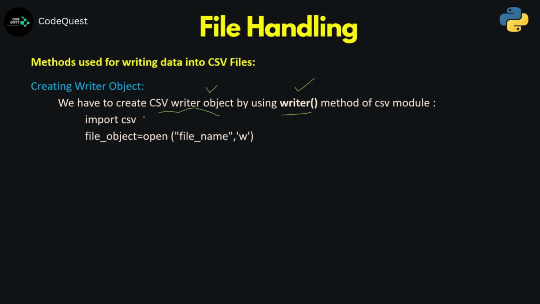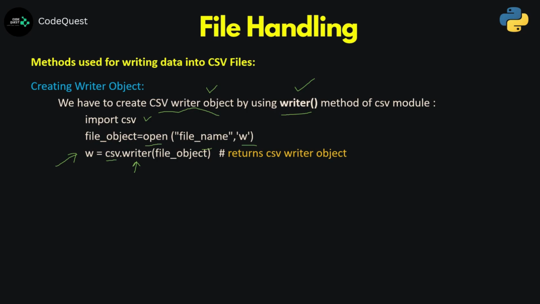Once we have imported the csv module, we will use open followed by the file name, and the mode is write mode. Next, we are going to create the object. Here you can see that with the help of the csv module, we are invoking the writer method, and this writer method takes the file object which we got while opening the file.